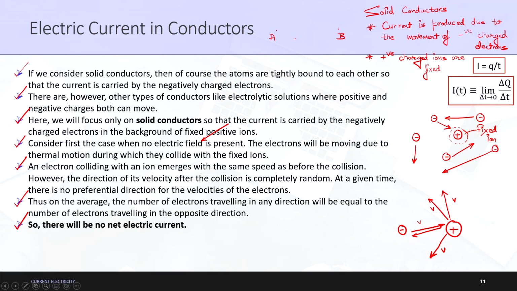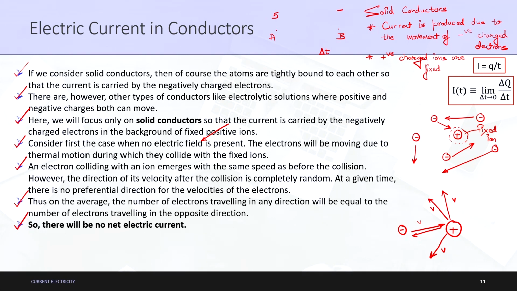Because on average the number of electrons passing in this direction is equal to the number passing in this direction, what happens after delta t is, let us suppose for our case there were 5 electrons which moved from point A to point B.